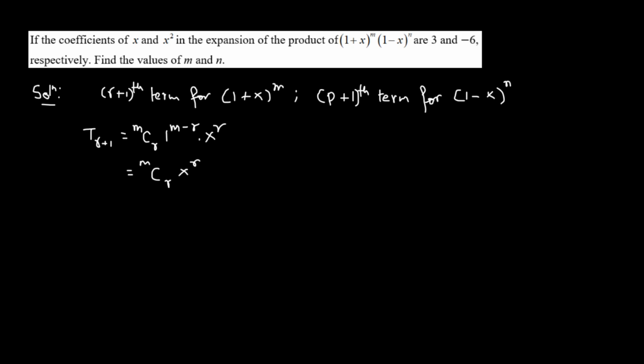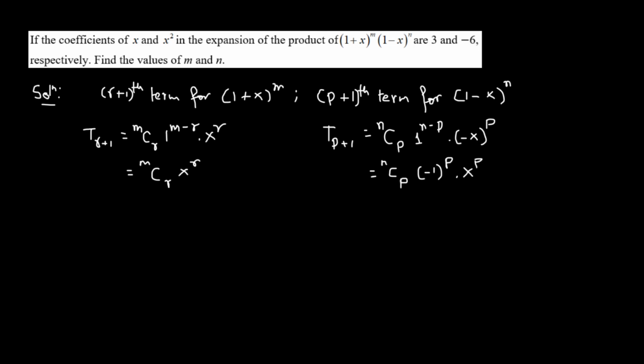For the second one, the p plus 1th term, T(p plus 1) is going to be equal to nCp times 1 raised to the power of n minus p times negative x raised to the power of p, which would give us nCp. So 1 raised to the power of n minus p is going to be 1. We pull out the negative sign, so we have negative 1 raised to the power p times x raised to the power p.